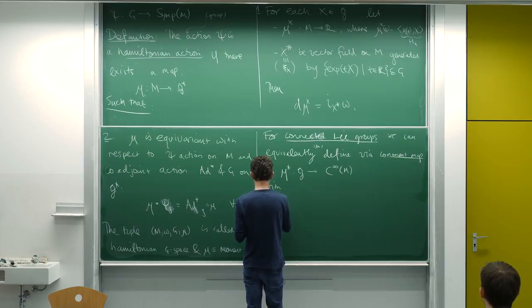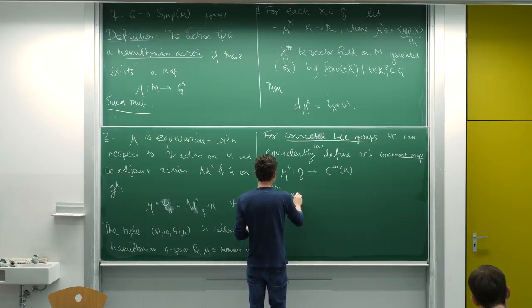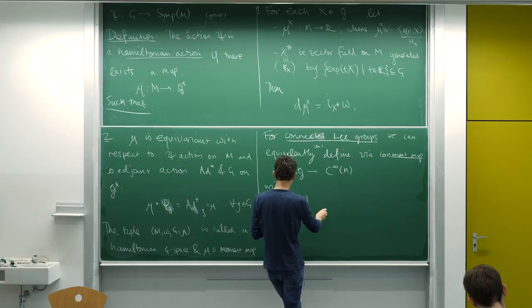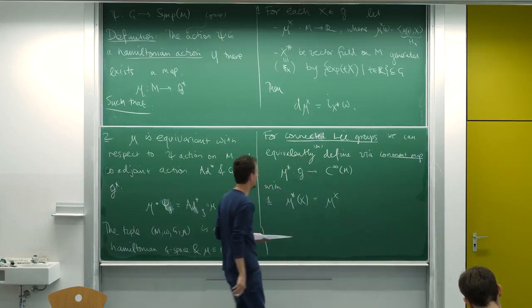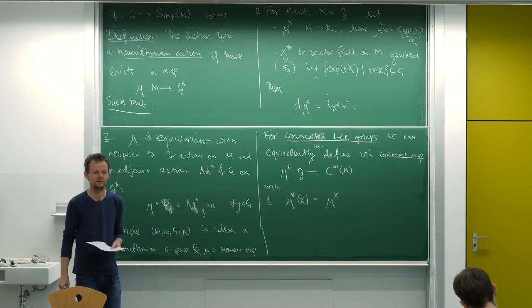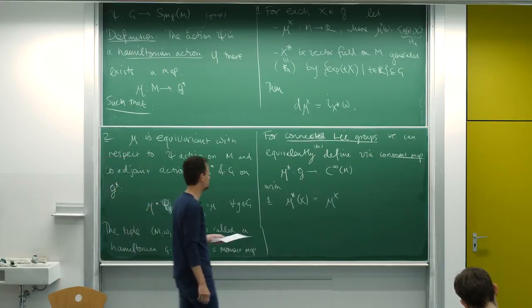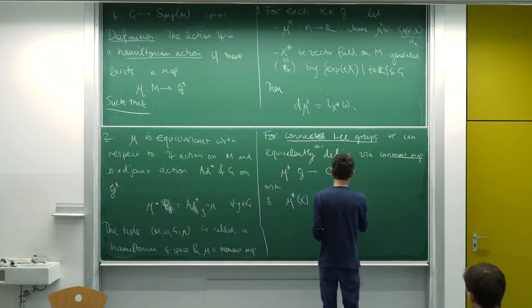So condition 1 becomes that this co-moment map, when evaluated on an element of this Lie algebra, is just this mu of x. It's just the Hamiltonian for x.